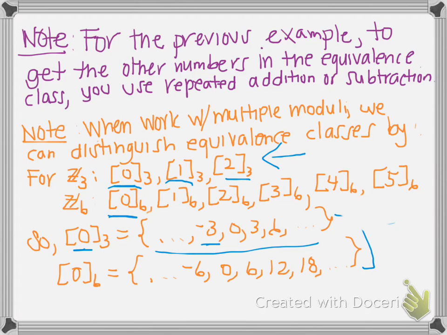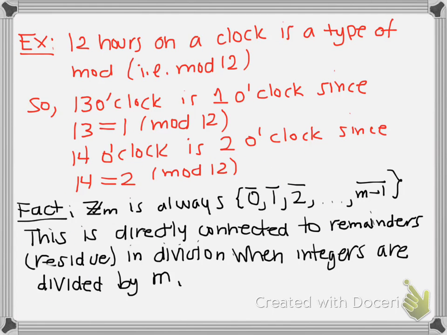This notation can be used in general as opposed to using the bar over the top. Use whichever one you want, just as long as you know the difference. If you're using more than one equivalence class at the same time, then you might want to use this notation right here.